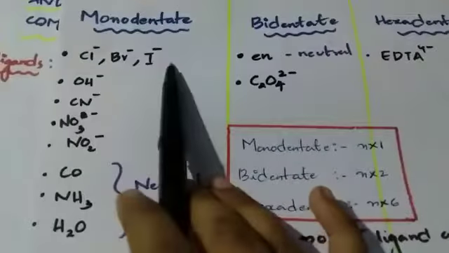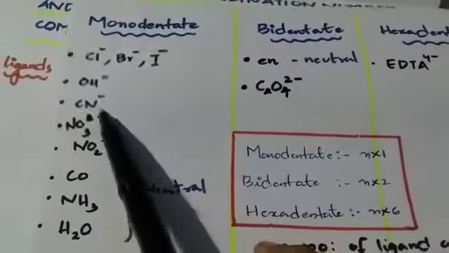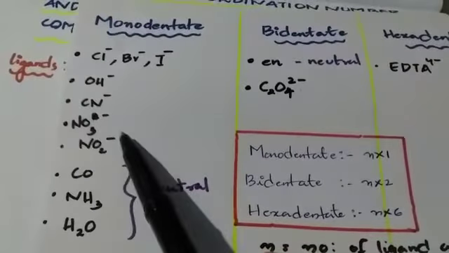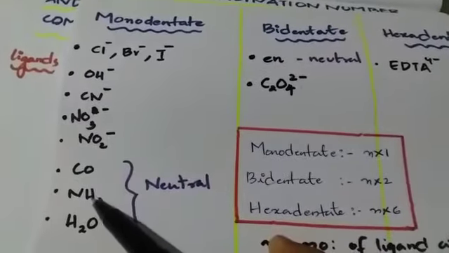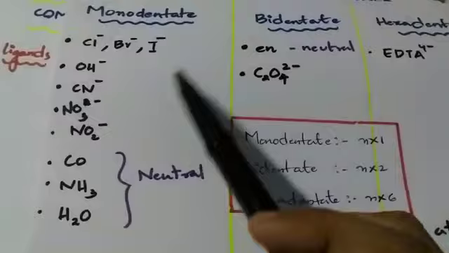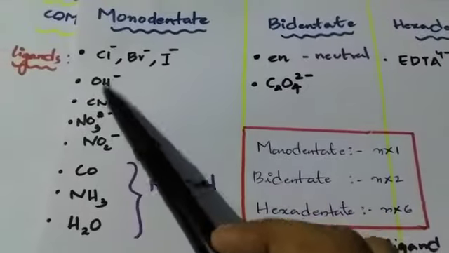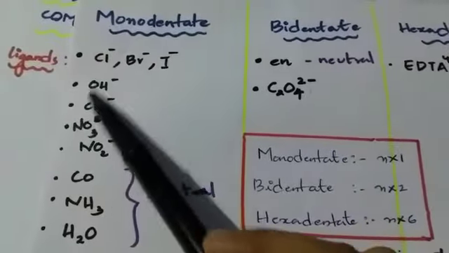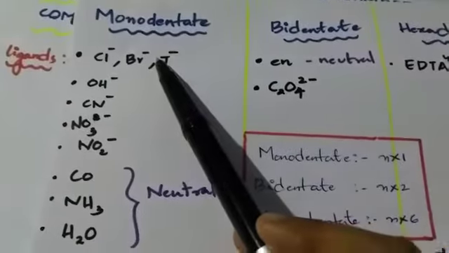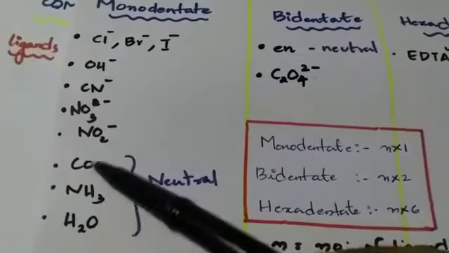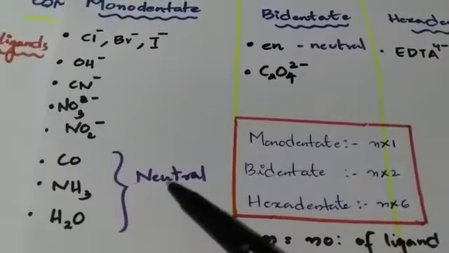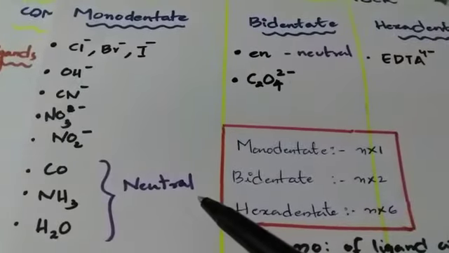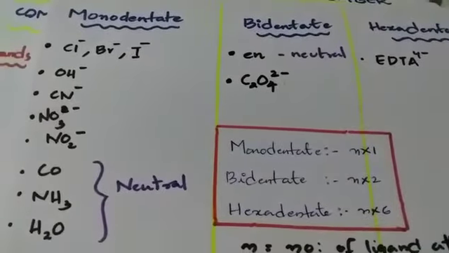They are halogens. Then OH minus, CN minus, NO3 minus, NO2 minus, CO, NH3 and H2O. These monodentate ligands have the charge -1, and these three, CO, NH3 and H2O, are neutral, that is they have no charge. Their charge is equal to 0.